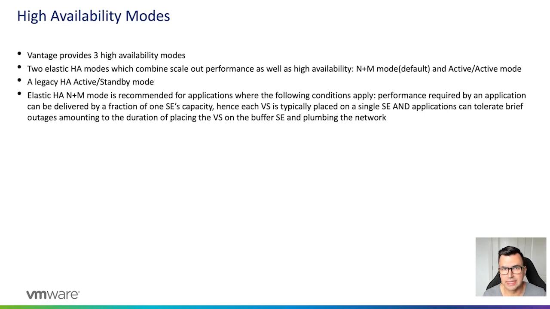Second, the applications placed on this type of HA tolerate a brief outage amounting to the duration of placing that VS on the buffer SE and plumbing the network. When we say plumbing the network, we mean creating the network required for the virtual service to reach the backend servers.